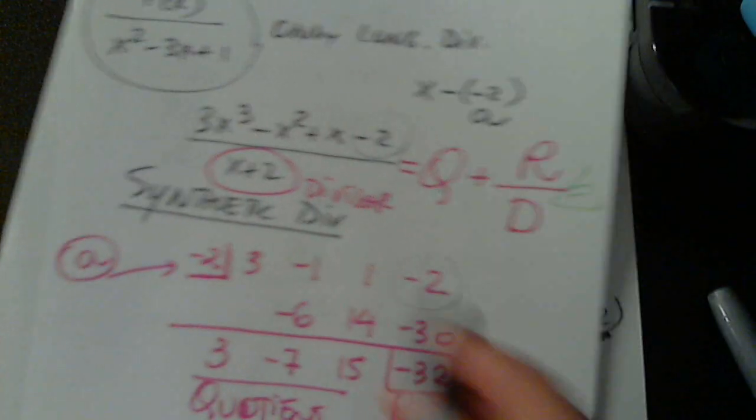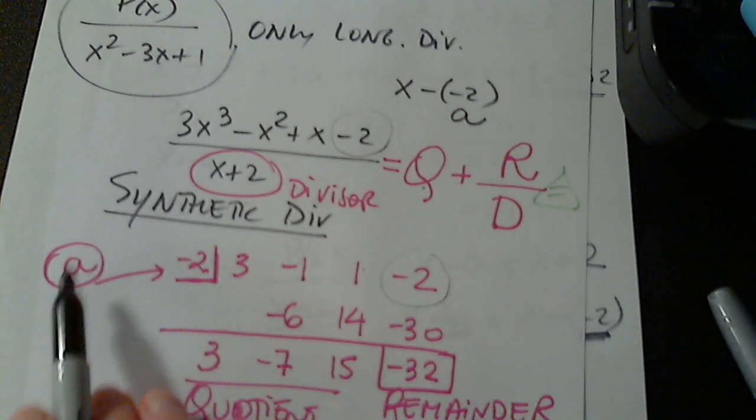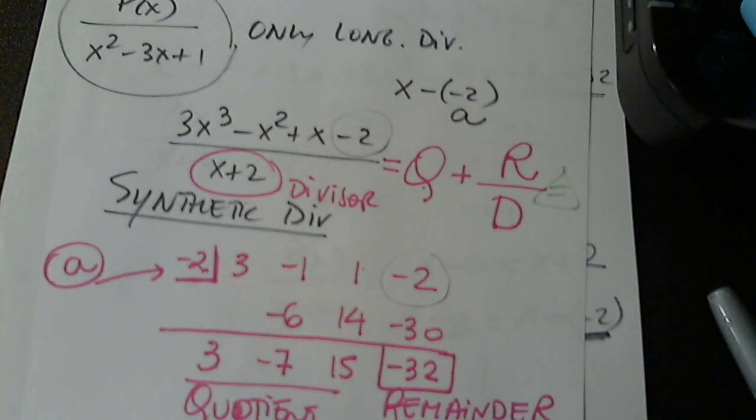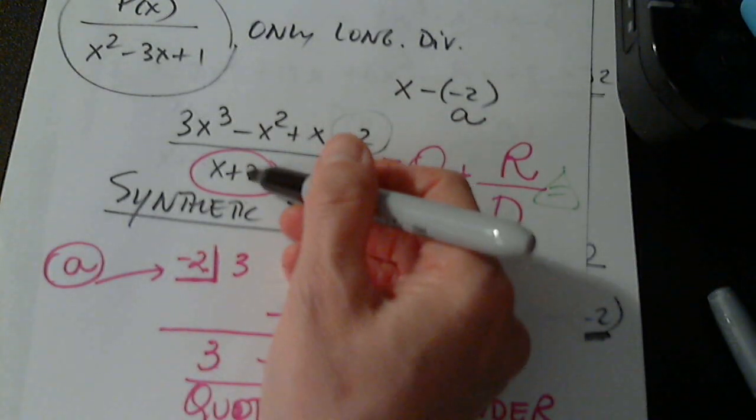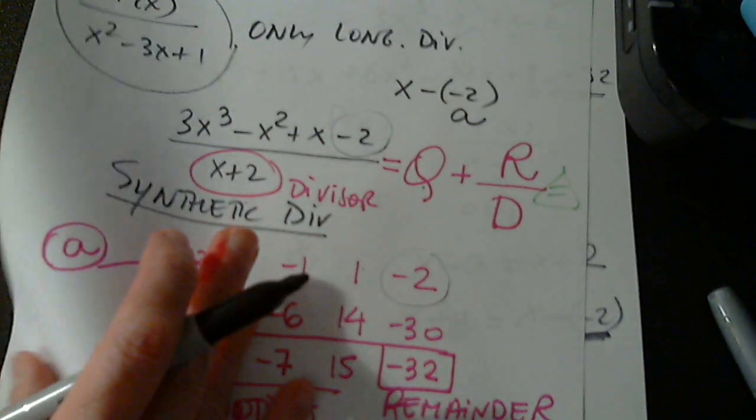So the number in the box is always a. But if you have x plus 2, then your a is negative 2. If you have x minus 1, then your a is 1. Any questions?